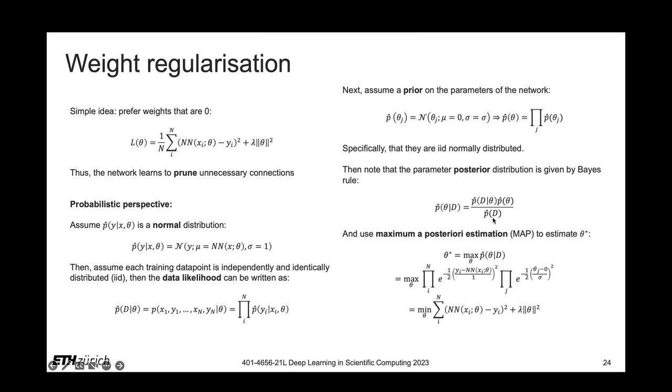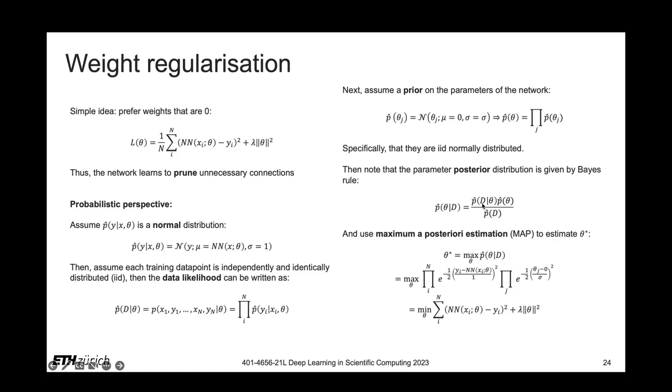And so instead of using maximum likelihood estimation, we're going to use a technique in statistics called maximum a posteriori estimation, or MAP estimation, to estimate theta instead. So maximizing the probability of theta given D.